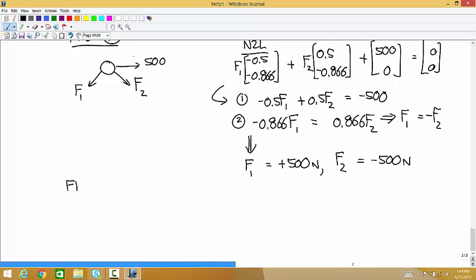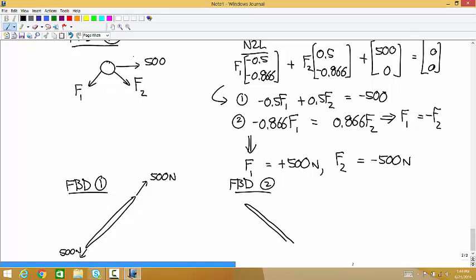And so a free body diagram of member 1 looks like this, and a free body diagram of member 2 looks like this.